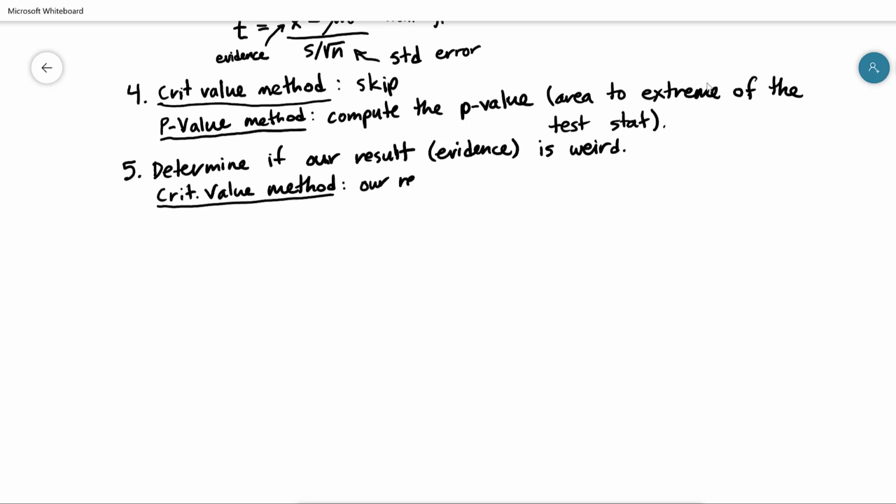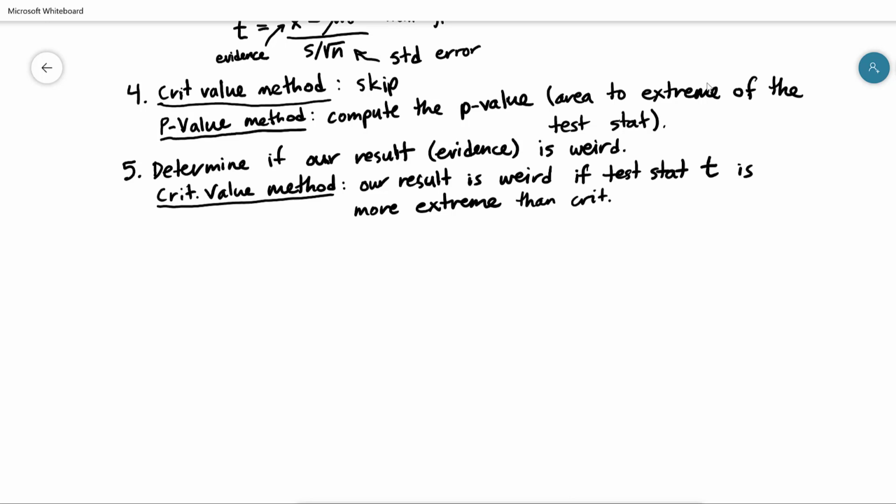So our result is weird if the test statistic, which is t, is more extreme, so further into the tail, be that the left tail or the right tail, whichever side we happen to be on, is more extreme than the critical value, which is, again, either going to be t sub alpha, negative t sub alpha, or plus or minus t sub alpha over 2, depending on the form of our alternate hypothesis.